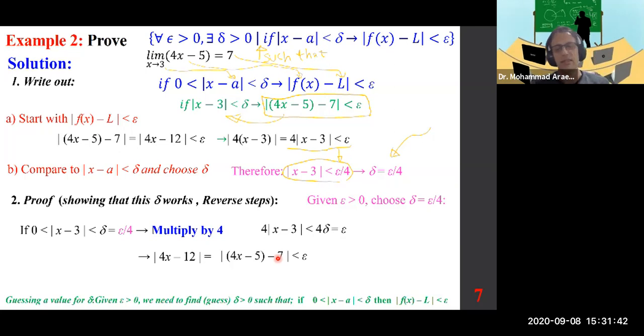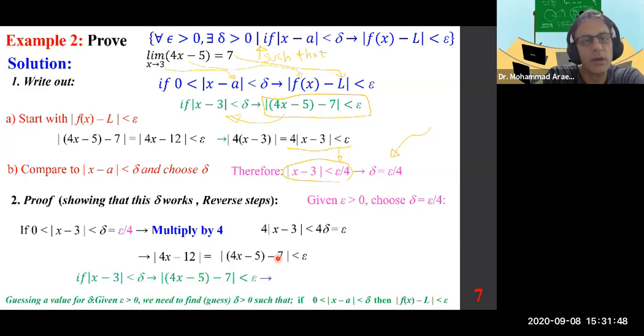And in essence, we are showing that if absolute value of x minus 3 is less than delta, then absolute value of 4x minus 5 minus 7 is less than epsilon. And that's the end of the proof. What was the limit? Take a look at the top one. The limit exists and it's equal to 7.